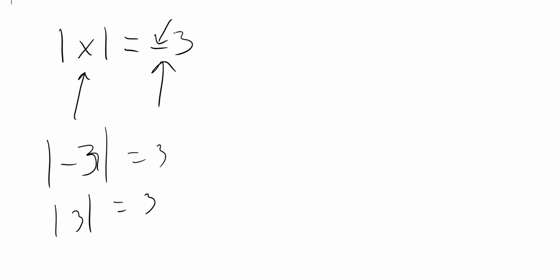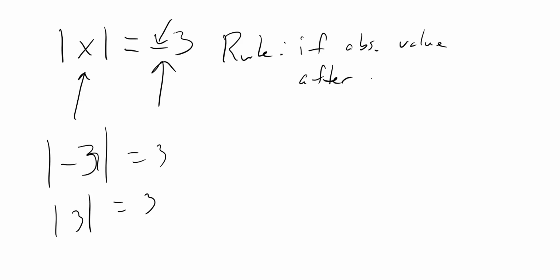So basically the rule: if absolute value after isolation, okay, it's important, after isolation equals a negative, then no solution.